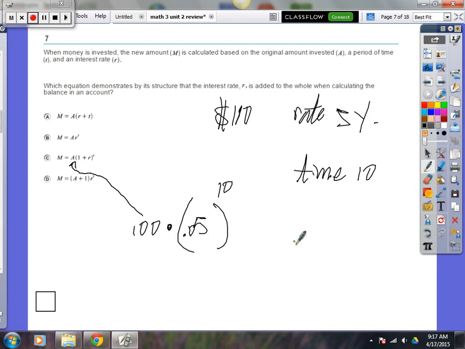I want to times it by 105% for 10 years.